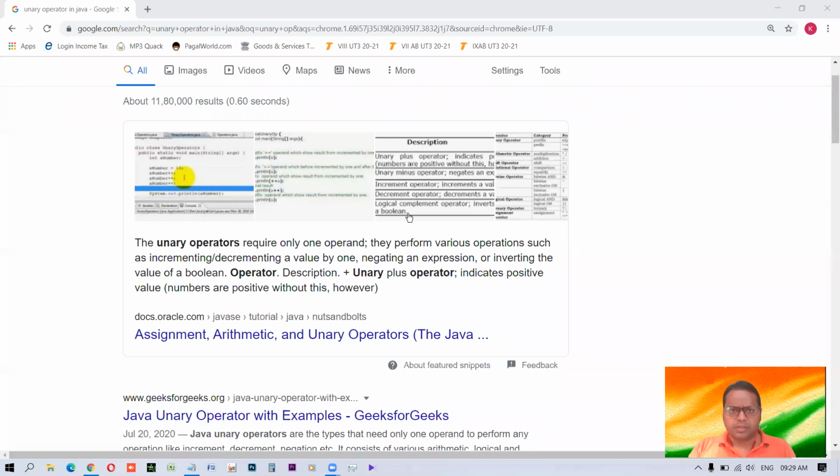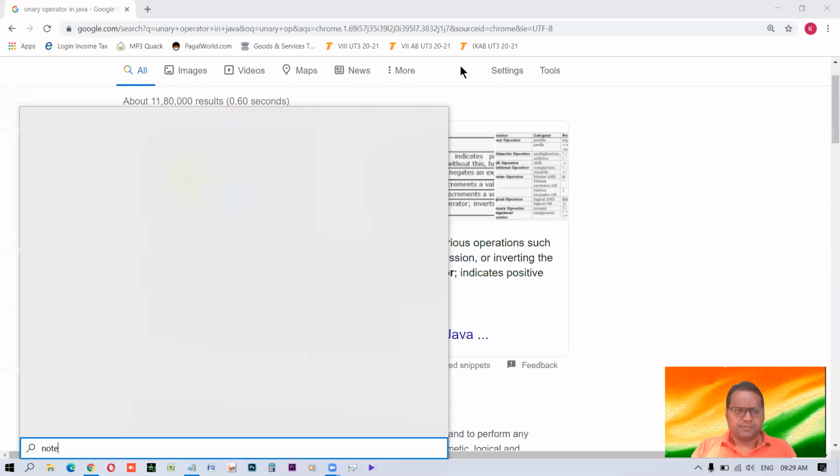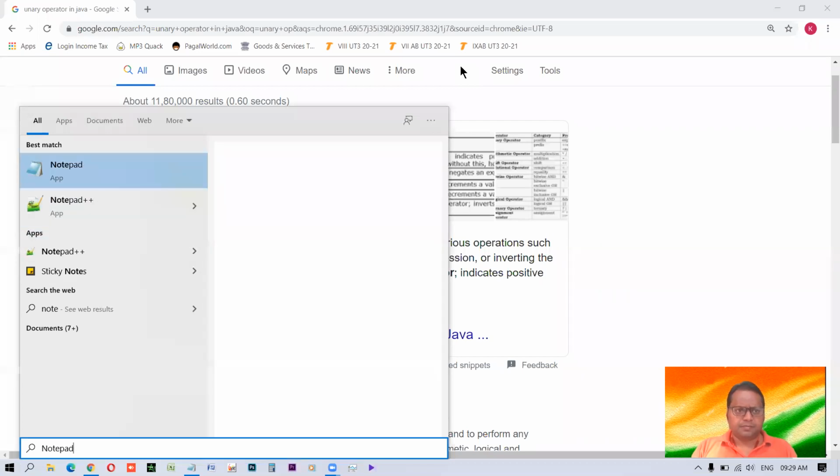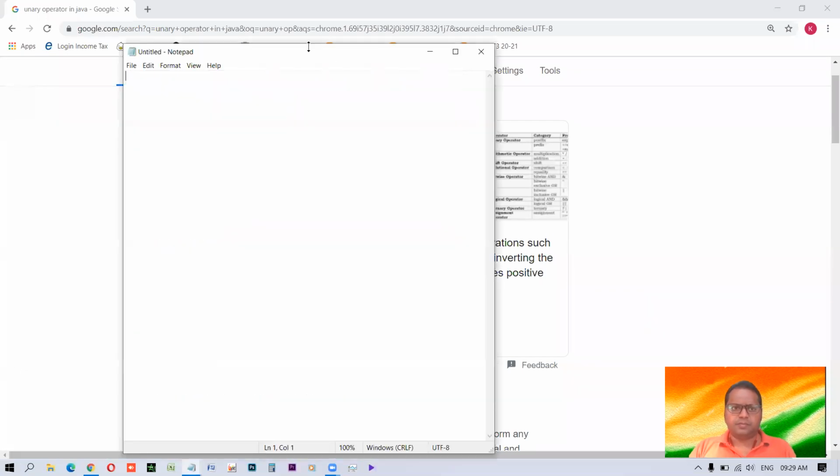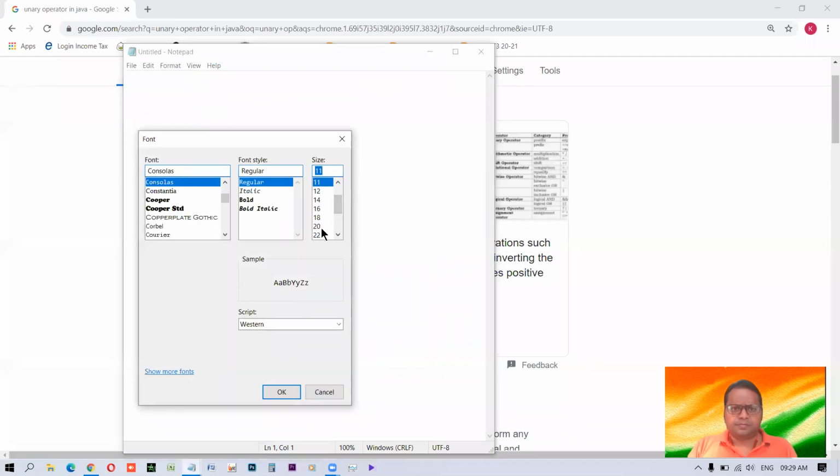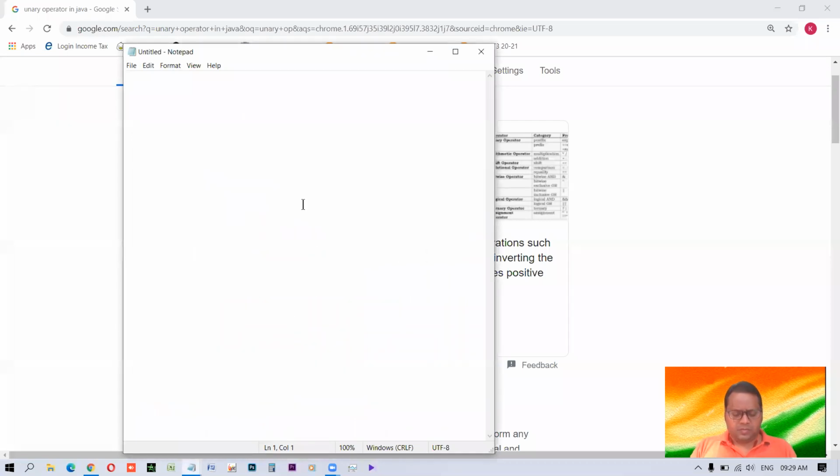Now what is operand? Let me show you what is operand. When we write 2 plus 4 or anything, in this case, this plus is the operator. This does the operation.